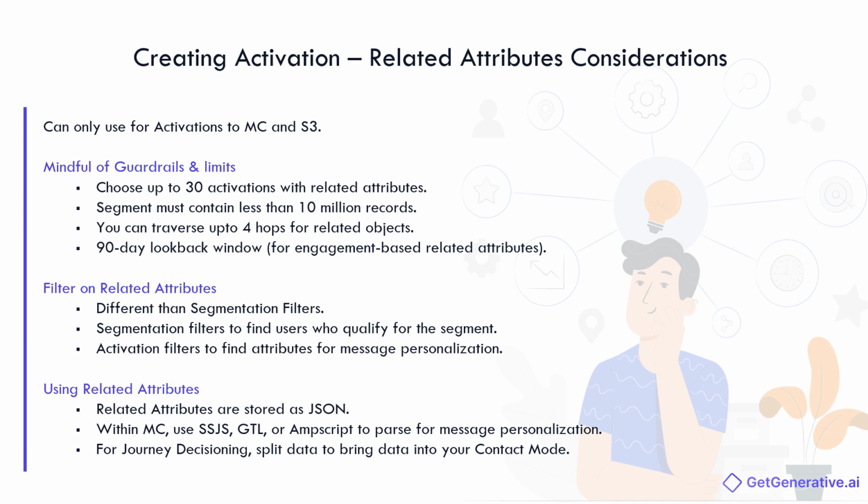But if you're planning to send the sales orders related to the 60 individuals, you can only look back up to 90 days, not more than that. So you cannot look back for 2 years, get the data and send the data outside of Data Cloud. It will be limited to 90 days. If your sales order was created within 90 days, that's what will be reflected in your activation.